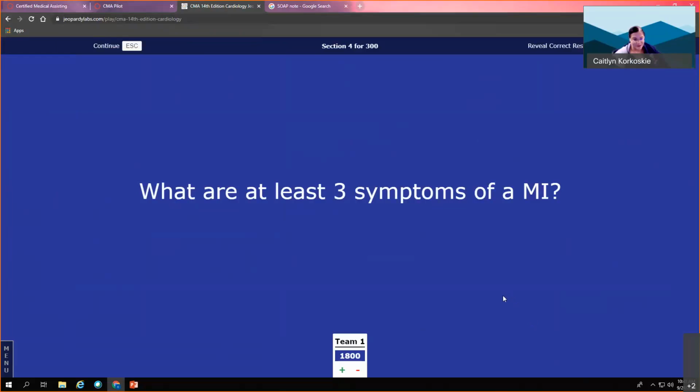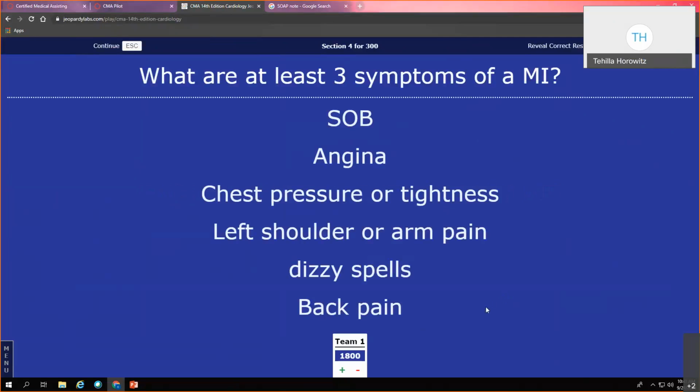Lightheadedness, fainting. But the main symptoms a patient would have would be shortness of breath, angina, chest pressure or tightness. Usually that combination of shortness of breath and chest pressure or tightness definitely sounds heart related.